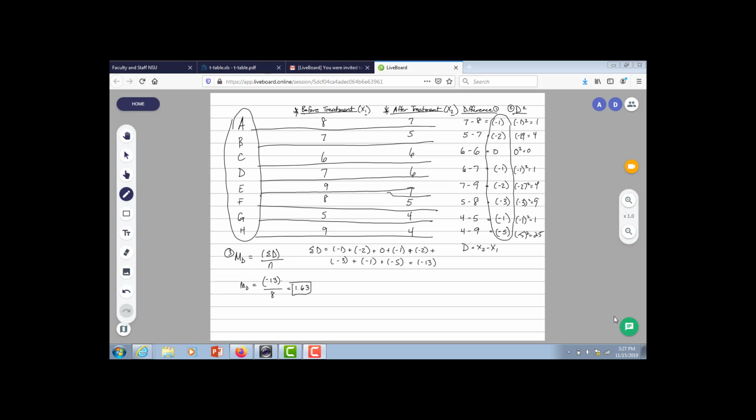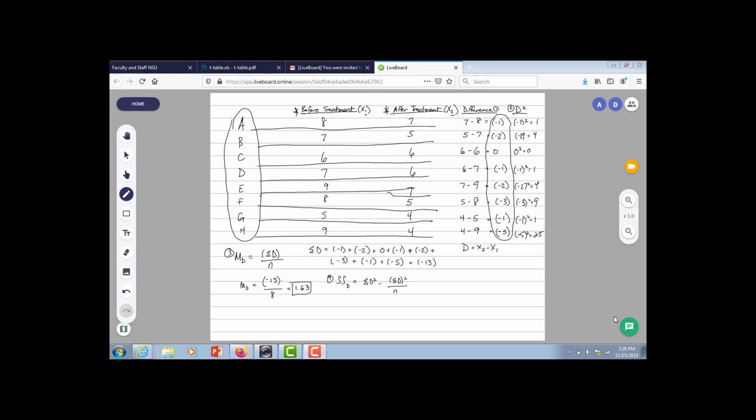The next step involves calculating your sum of squares for difference scores. Your sum of squares for difference scores is the sum of d squared minus the square of the sum of d, with n in the denominator.